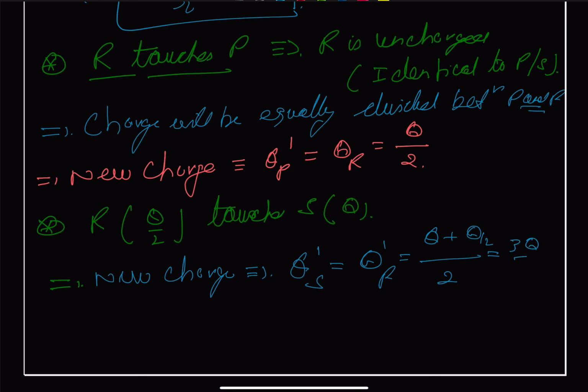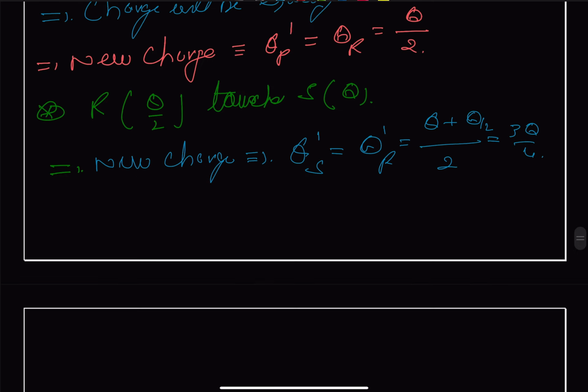We can just use the potential method also, but it will be a little lengthy. We can just find out the charge because everything is identical about the spheres.